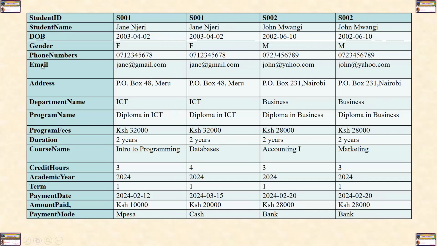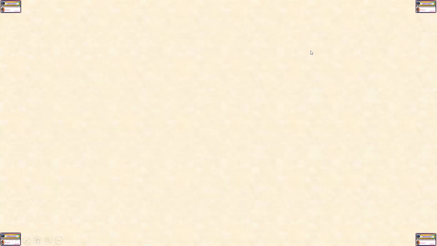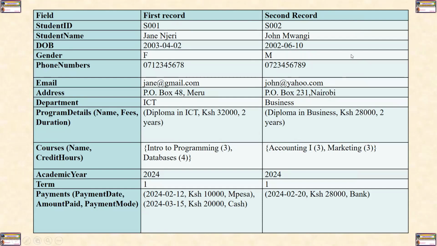Here it is. My dear students and the rest of the learners, I want you to note that this table has expanded. If you look at this table in first normal form, and then go back and look at the table which was unnormalized, which contains all the data, you will see that the number of rows and the number of fields are few.